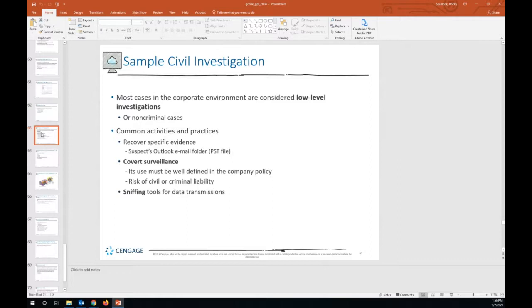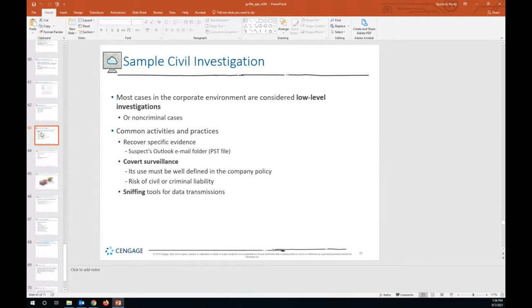We may need to conduct covert surveillance. That is where you observe people or places without being detected, often using electronic equipment such as video cameras or keystroke screen capture programs. With this, it needs to be well defined in the company's policy, or you do run the risk of civil or criminal liability.